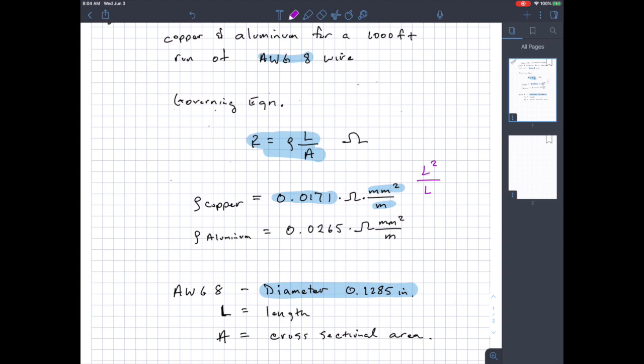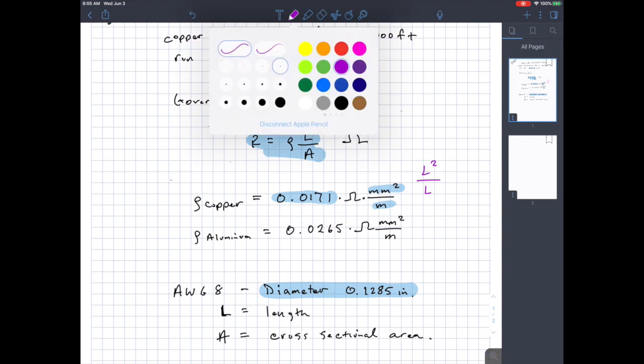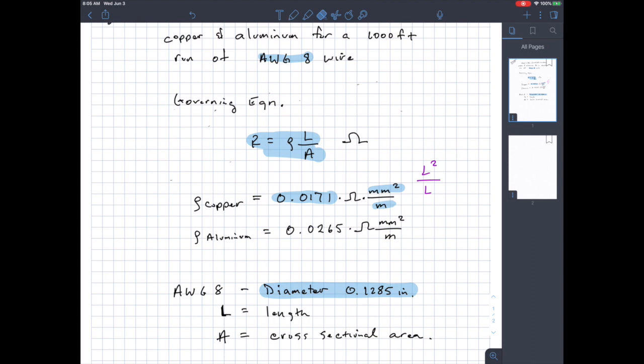All right, and it usually is, but there's some reasons it would be specified in millimeters squared per meter, because sometimes you can look up a table and it's got the cross-sectional area of the wire. It's already in millimeters squared. And so that would make it easy, you just multiply these two numbers together and you can find the resistivity. Okay, so that's neither here nor there. You can still work the problem even if you're given something that's non-standard units, because we know how to convert units.